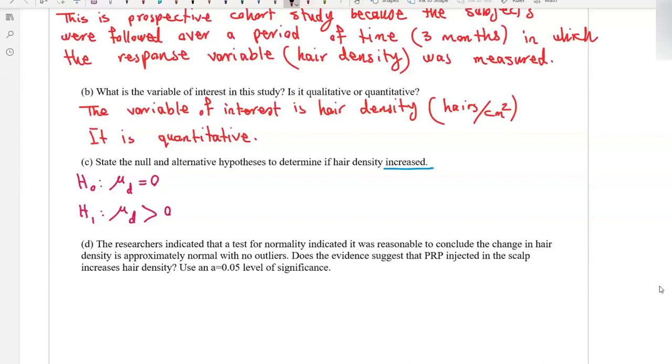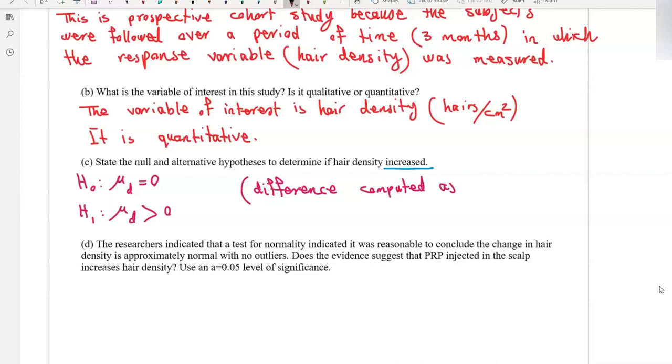What this means when we have this alternative, mean difference greater than 0, is that the difference is computed as after minus before.